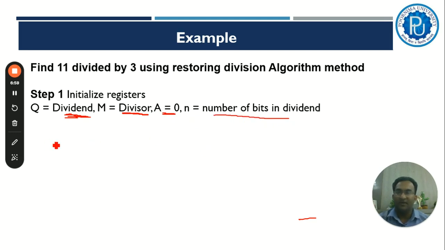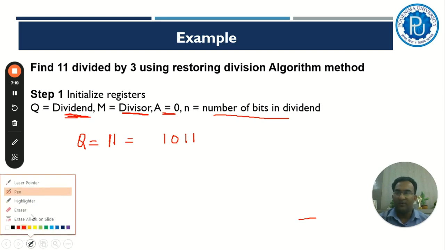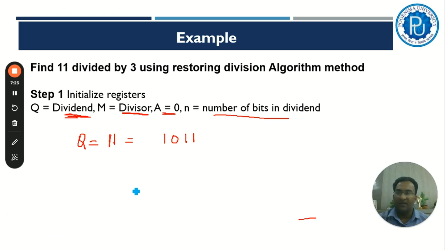So let us take, first of all, Q is going to hold the value of 11 there. Okay, so 11 is 1011. And we are going to have an extra bit over there which is going to represent the magnitude of the 11, so we are taking that as a 0.